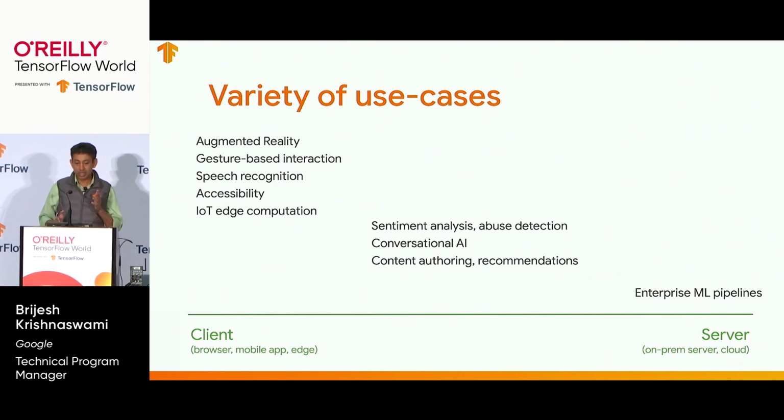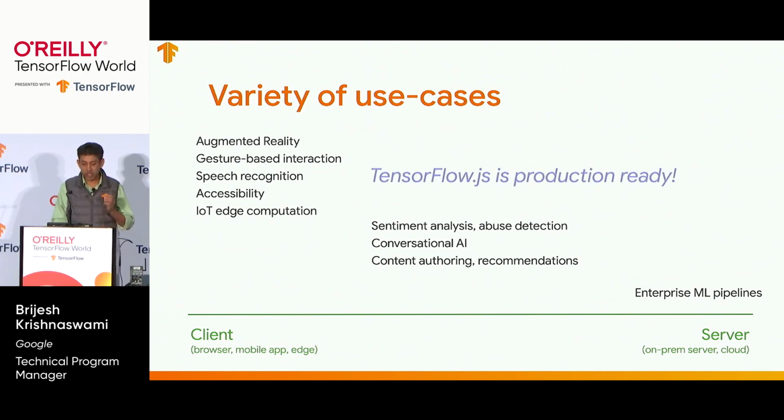And in the middle, that can live either on the server or on the client, are applications that do sentiment analysis, toxicity and abuse detection, conversational AI, ML-assisted content authoring, and so forth. So you get the flexibility of choosing where you want your ML to run, on the client or on the server. Whatever your use case is, TensorFlow.js is production ready to be leveraged.